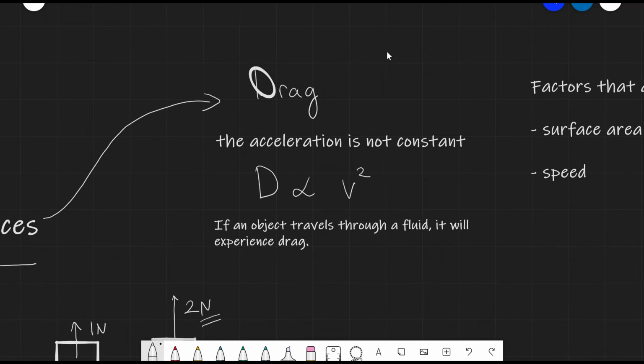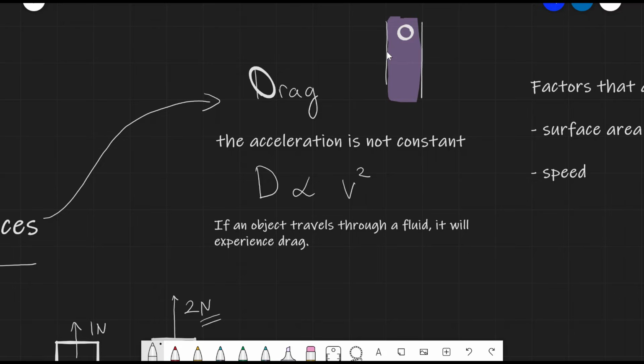Now typically we're going to have a look at this experiment more carefully, but you might have a long tube that is, let's say, filled with some sort of a viscous fluid, and you might have a little ball bearing that is traveling downwards.